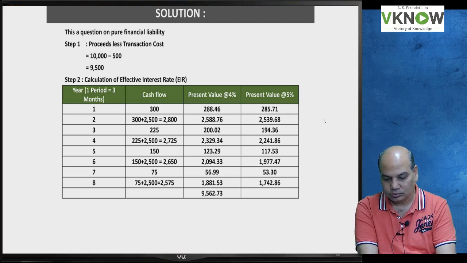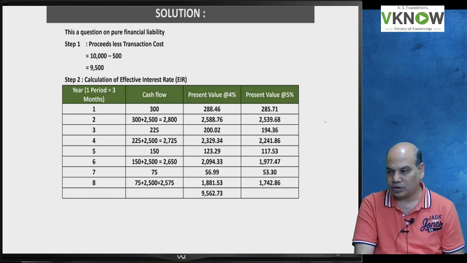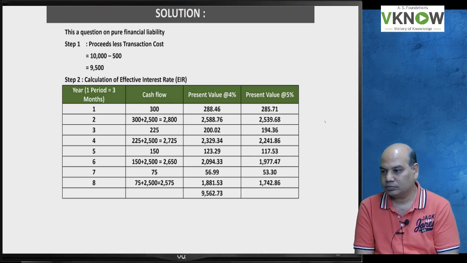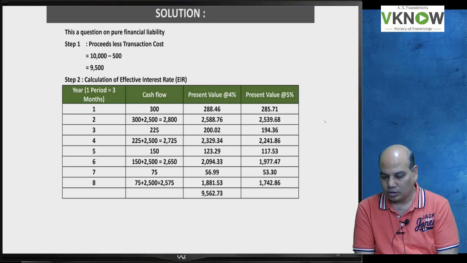Sixth quarter. 1977.47. Seventh quarter. 53.30. Use the memory plus function if you can. 1742.86. Total is 9152.7 something.